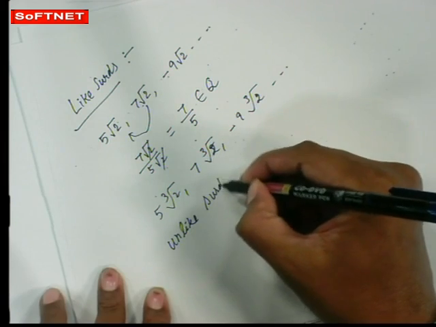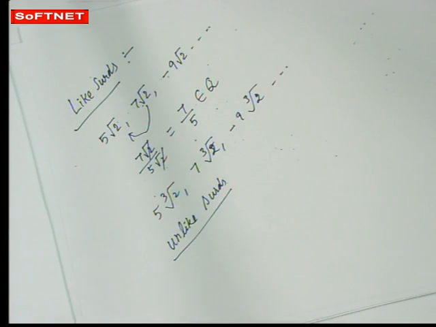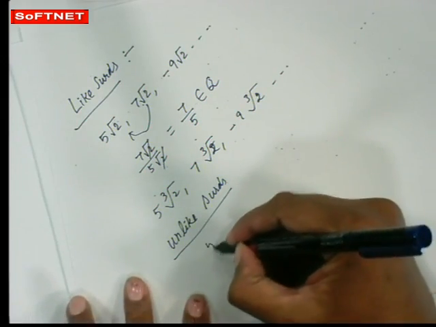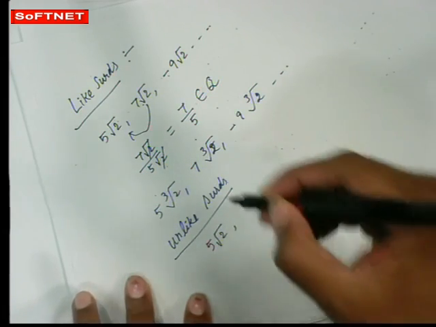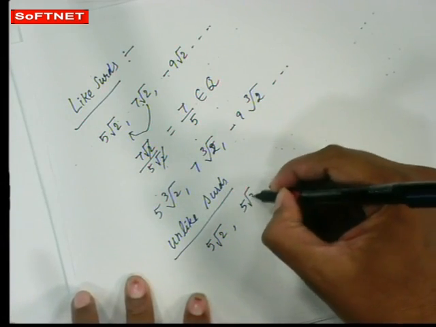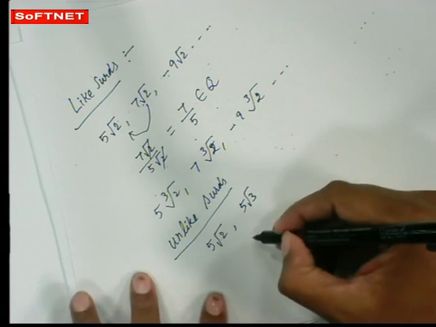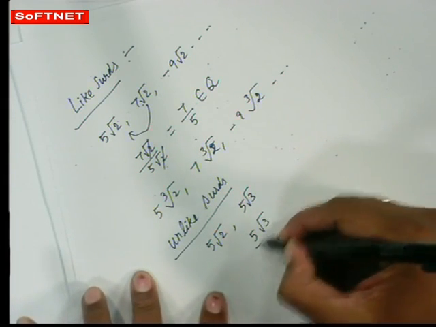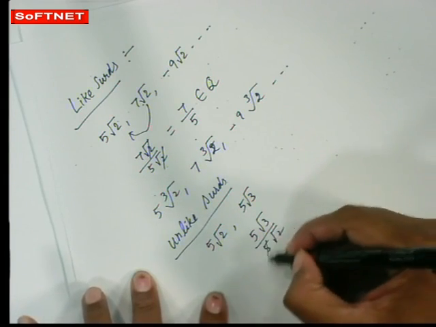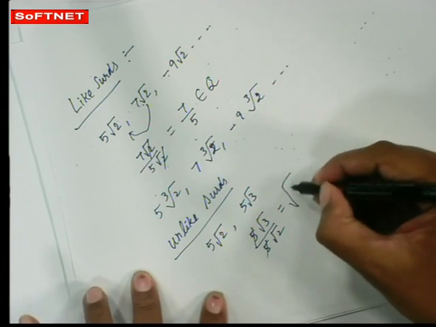What do you mean by unlike surds? It's very simple. If the ratio between the two surds is not a rational number, then the two surds are said to be unlike or dissimilar surds. Like, similar. Unlike, dissimilar. Suppose you consider 5 root 2 and 5 root 3, let us examine. 5 root 3 divided by 5 root 2, 5 gets cancelled, we get root of 3 by 2.